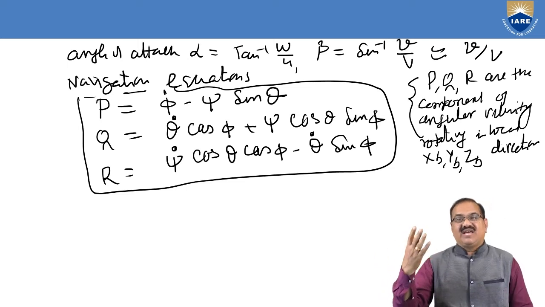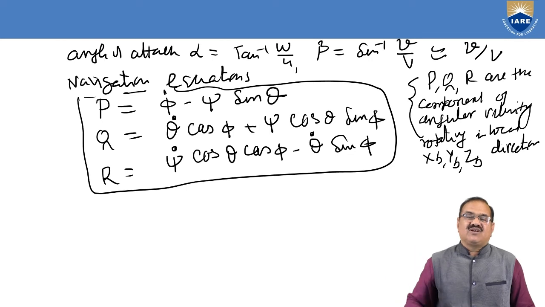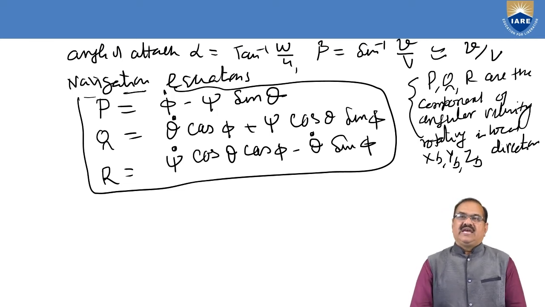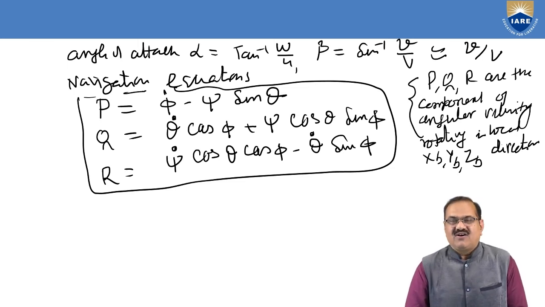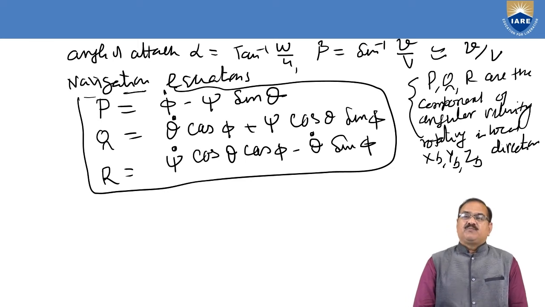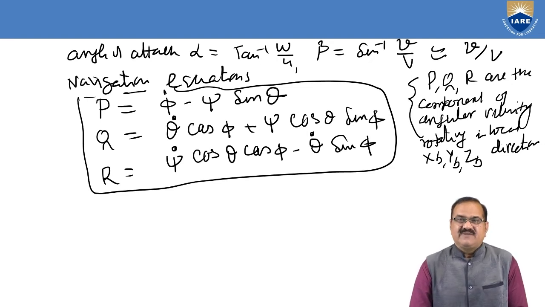These things are very important for any navigation of the aircraft, and autopilots make use of these angles, and gyros and accelerometers are used to measure all these things. So P is equal to phi dot minus psi dot sine theta.